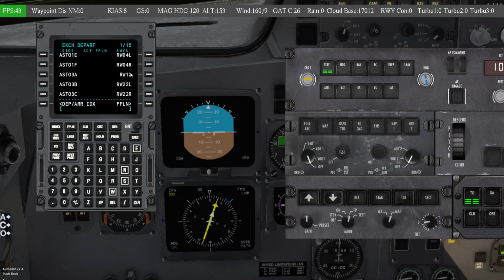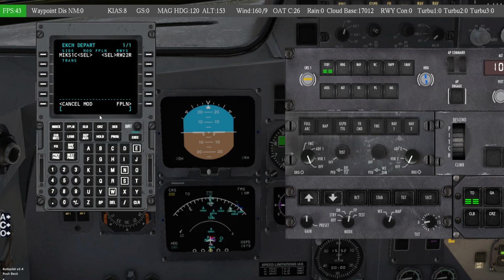So in fact 22 right might be a good compromise. So that's actually what I want to use, runway 22 right. Then we can see, okay, we got the Mixi 1 Charlie. I can set that up as well as the runway and press, let's go to the map mode here and then press execute.